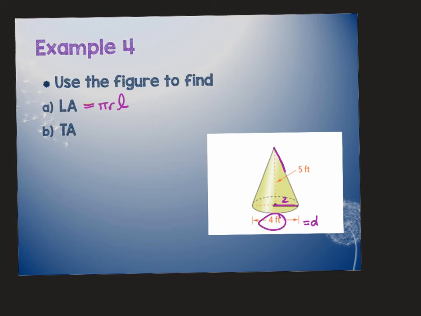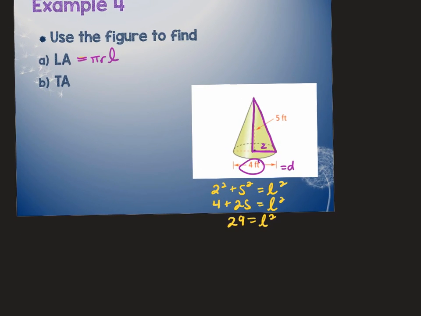And what they give me is the actual height, which is 5. So I have to do 2 squared plus 5 squared equals the slant height squared. And I get that the slant height is equal to the square root of 29. I'm going to plug that in the calculator, round it to the nearest tenth. So the square root of 29 is 5.4.